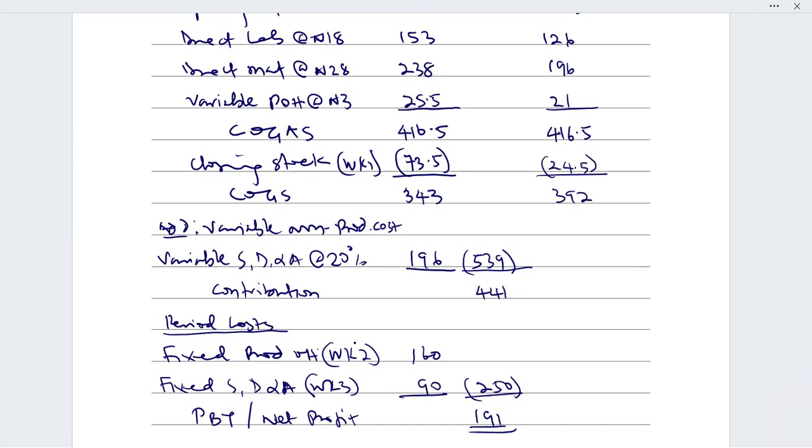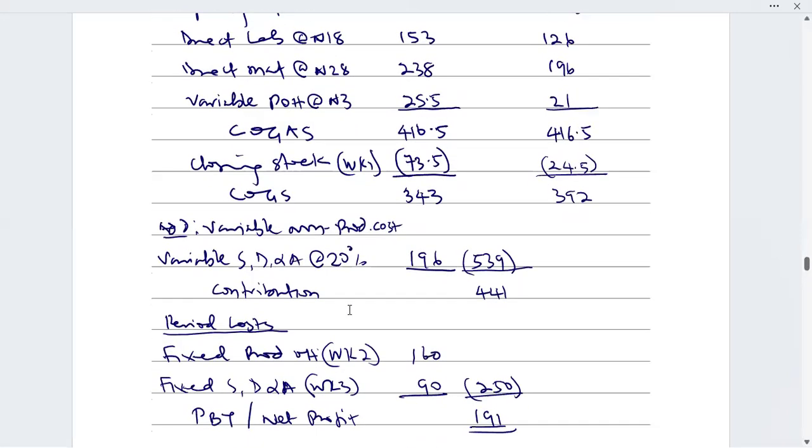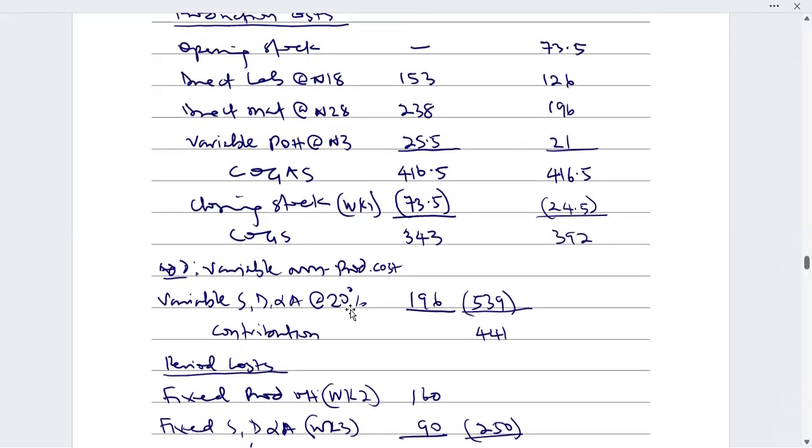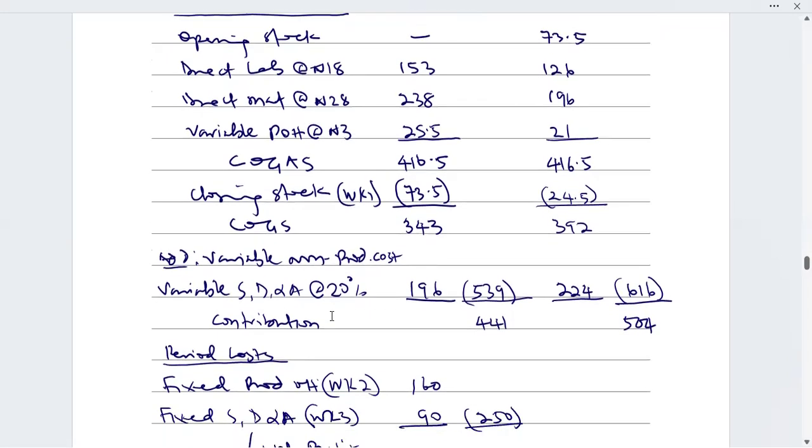So we need 20% of sales: 20% of 1,120 is 224. Then 224 plus 392 is 616. 616 minus 1,120 gives 504. That represents the contribution.